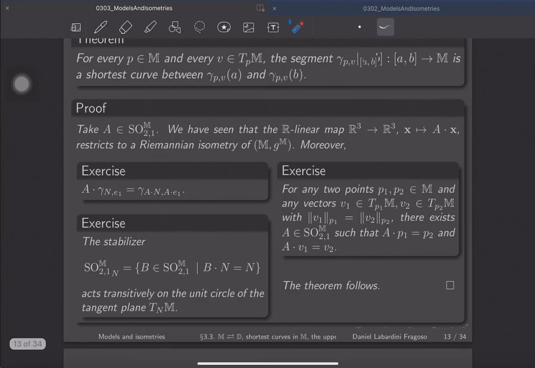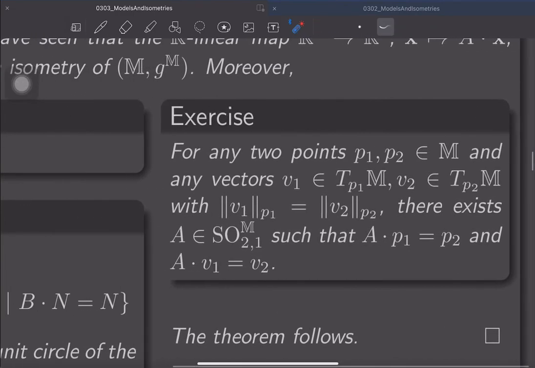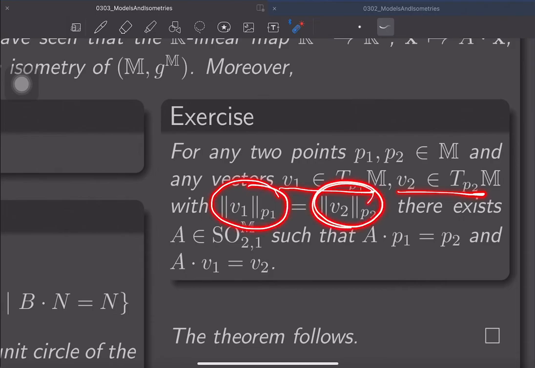All right, and now the final exercise here is, if you give me 2 points in the hyperboloid, and you give me 2 tangent vectors that have the same Minkowski norm, and both are tangent at their points.